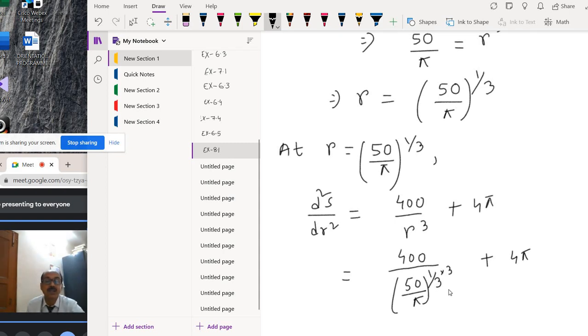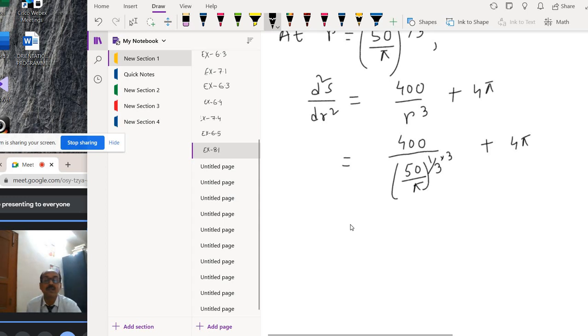Since r cube is 50 by pi, this is 400 pi by 50 plus 4 pi.